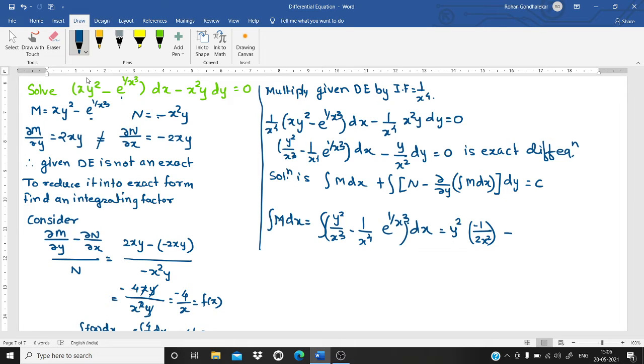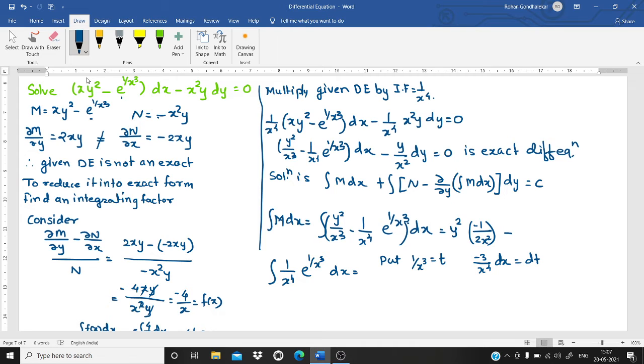Okay. Now what is the integration of 1 upon x raised to 4 into e raised to 1 upon x cube, integration with respect to x? So for that you can substitute, put 1 upon x cube equal to t. Fine. So therefore, what is the derivative of 1 upon x cube? Minus 3 upon x raised to 4 dx is equal to dt.